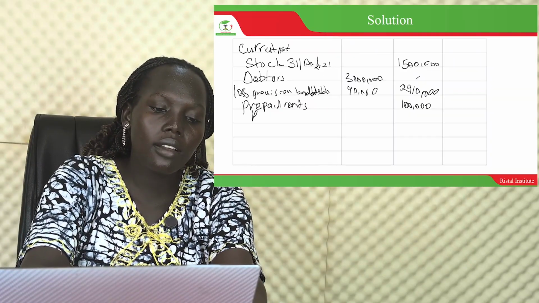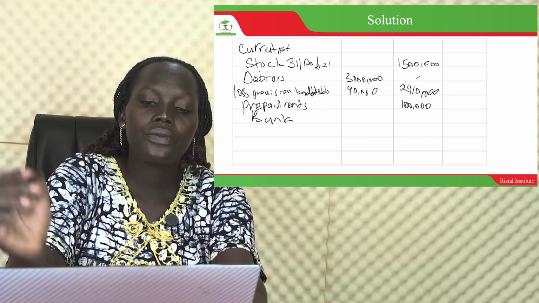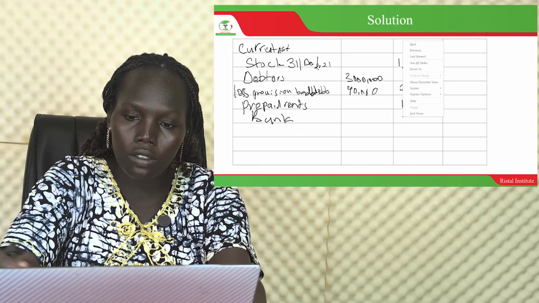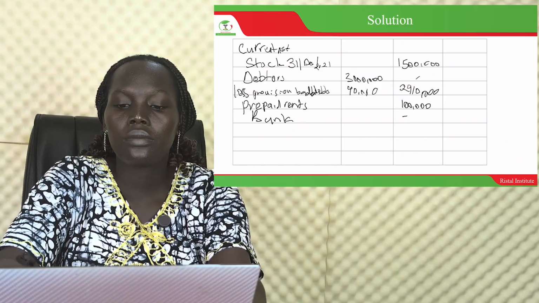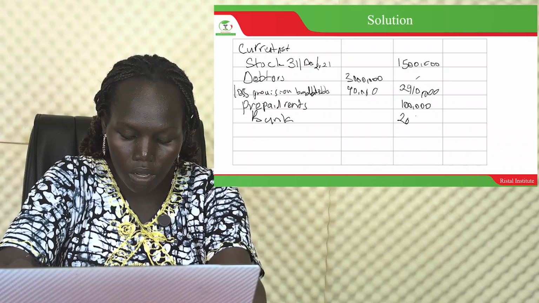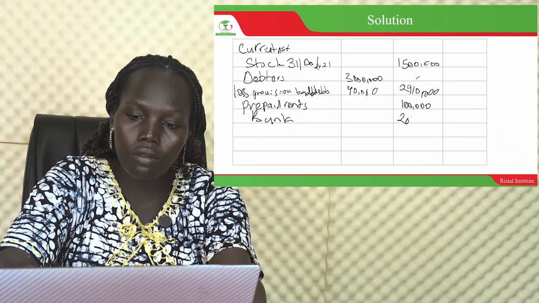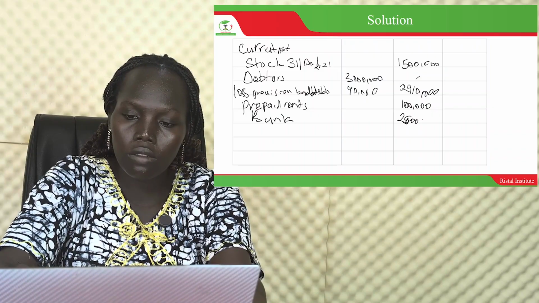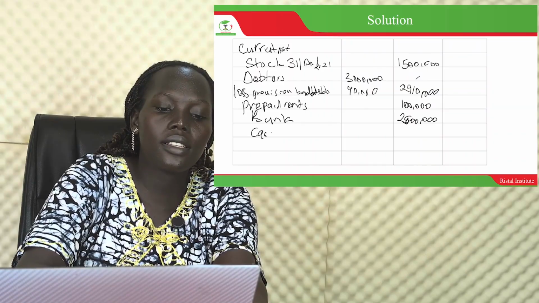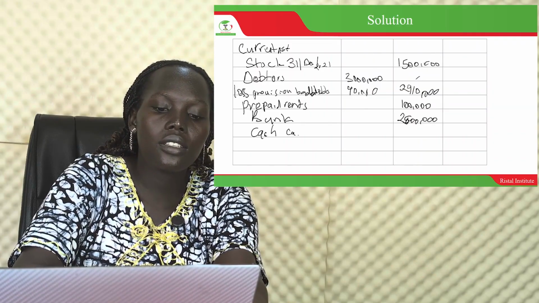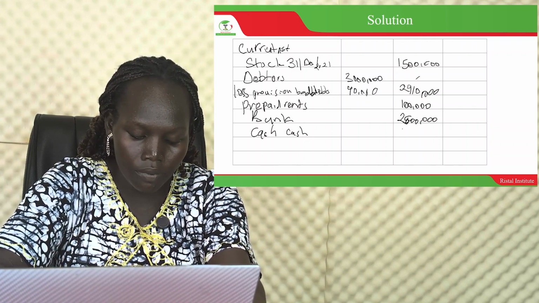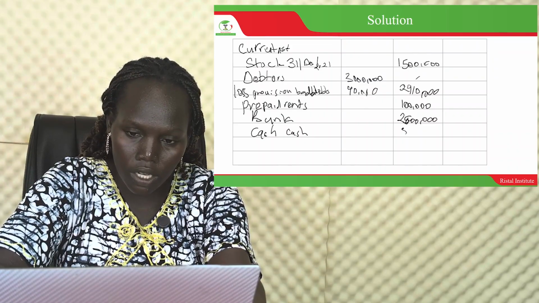And then we have bank, which was 2,500,000. Then we have cash as our last current asset. Cash was 800.